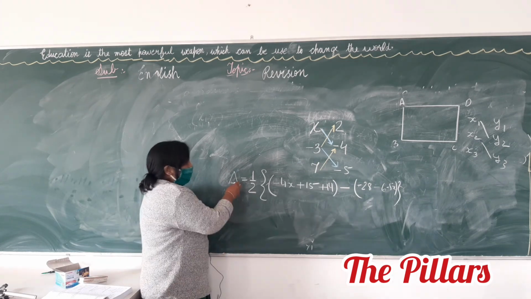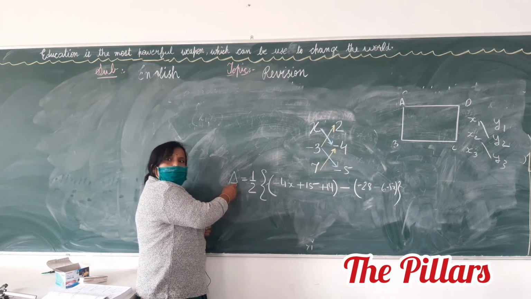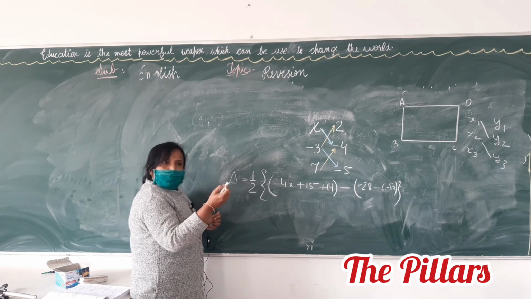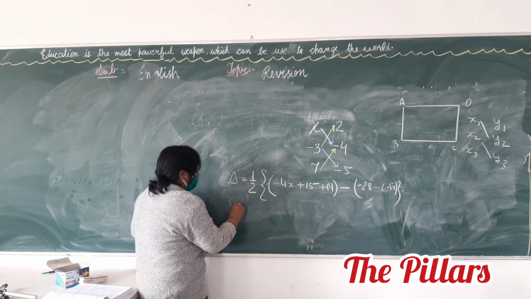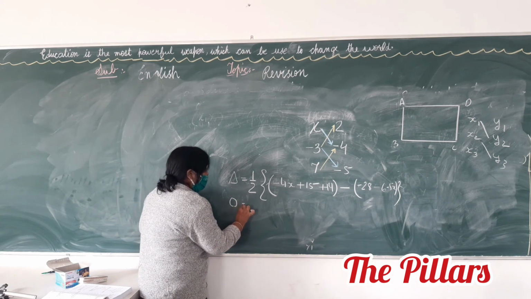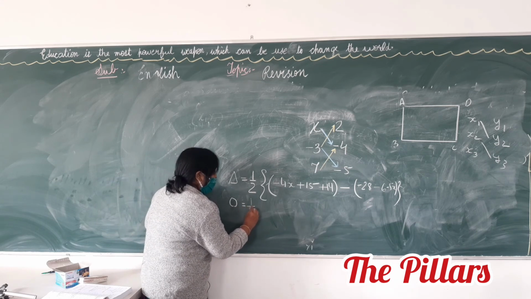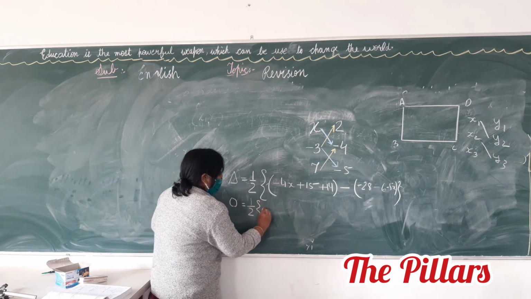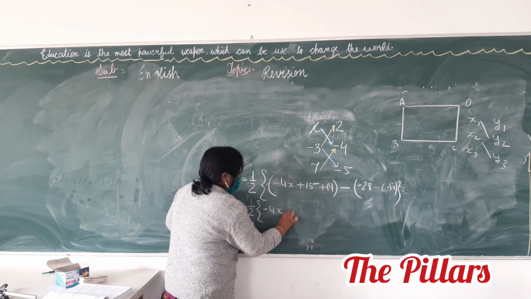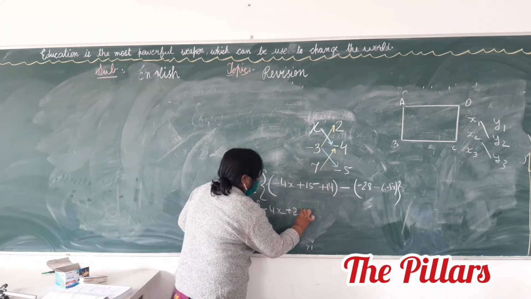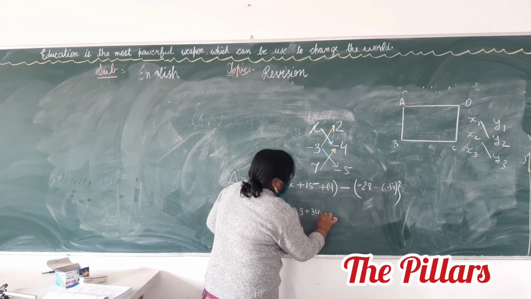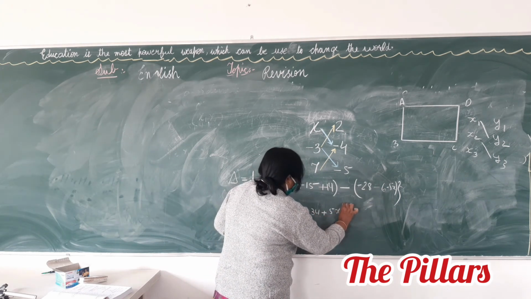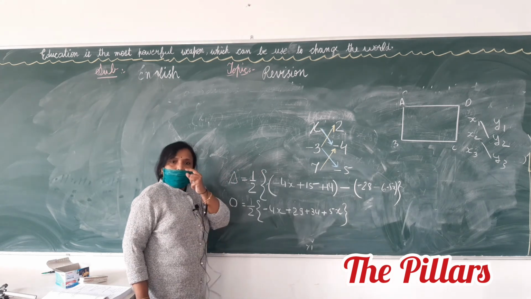Now, what is the value of this delta? Because the area of the triangle will be 0. Sit down. This also you could not do. 0 is equal to half of, now, minus 4x, and this will be how much? 29, and this will be minus 34 plus 34 and plus 5x. Did you get this?